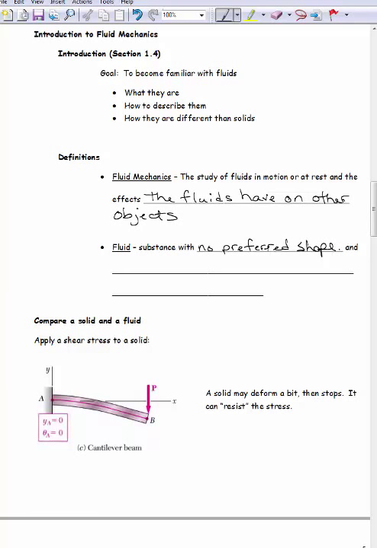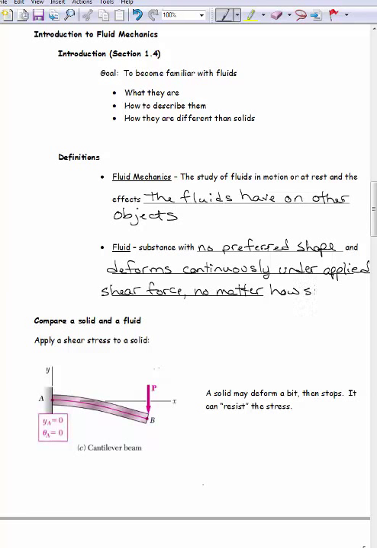And it doesn't matter how big that shear stress is, it's going to deform. So a fluid is a substance with no preferred shape that deforms continuously under applied shear force, no matter how small.